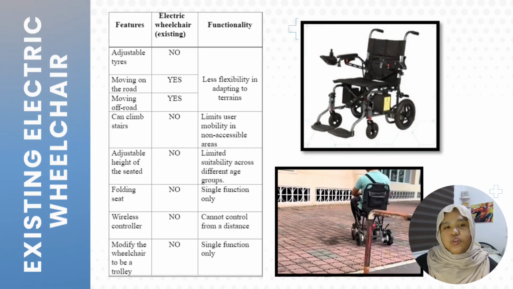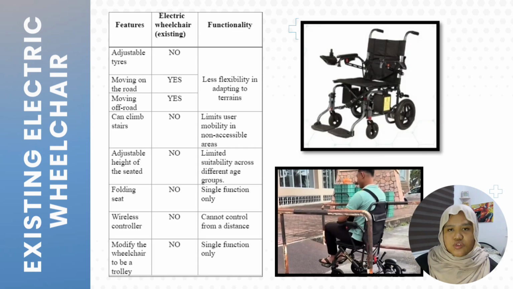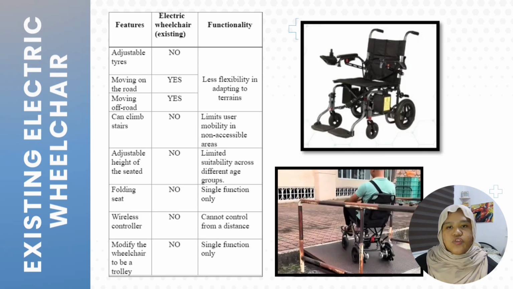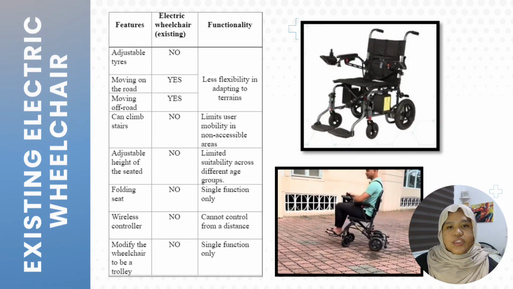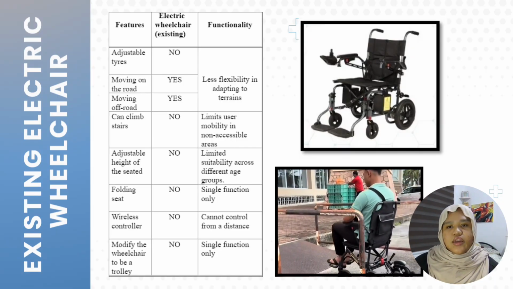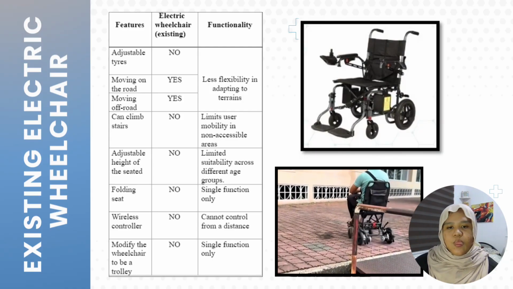The seat is not foldable, and it does not support wireless control. It also cannot be modified into a trolley. Overall, the existing wheelchair provides basic mobility but lacks adaptability and functionality features.